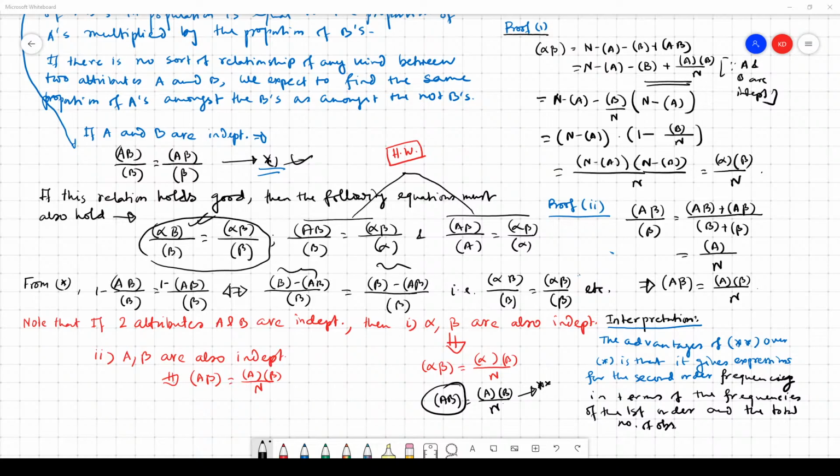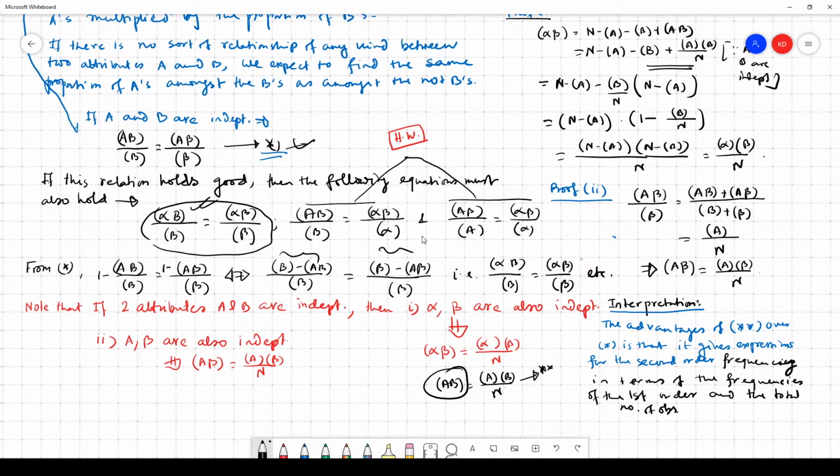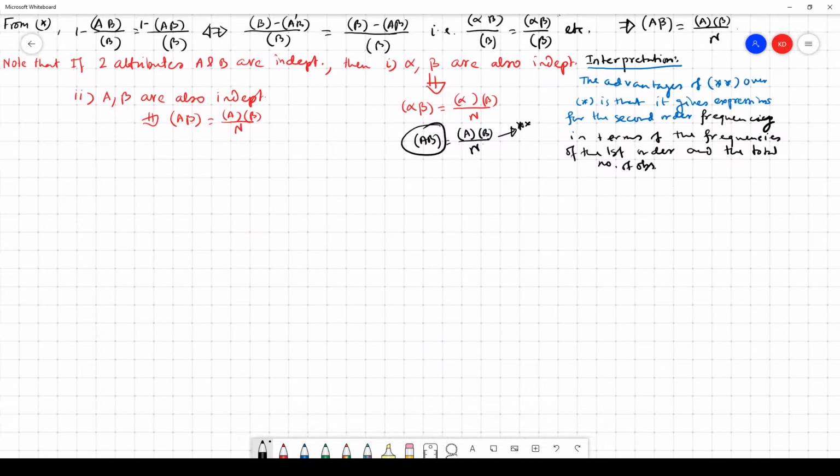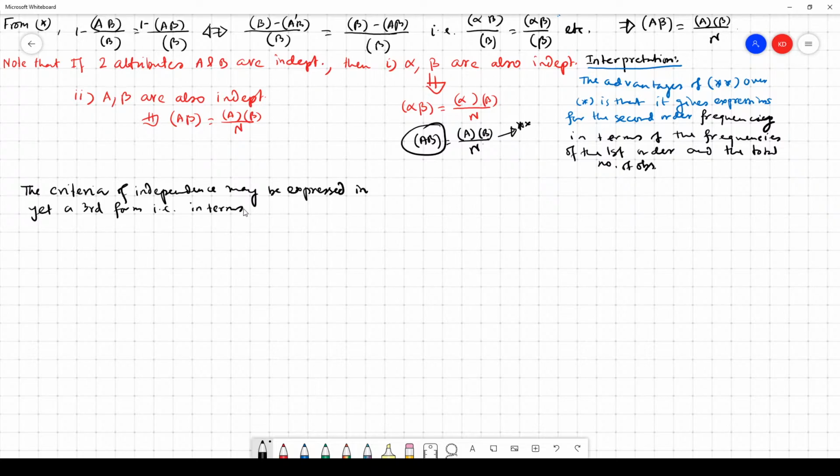Okay. So the criterion of independence may be expressed in yet a third form, that is, in terms of second order frequency also.